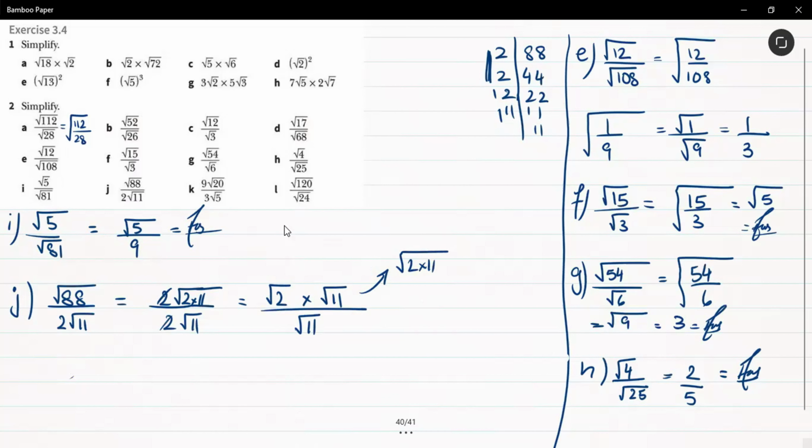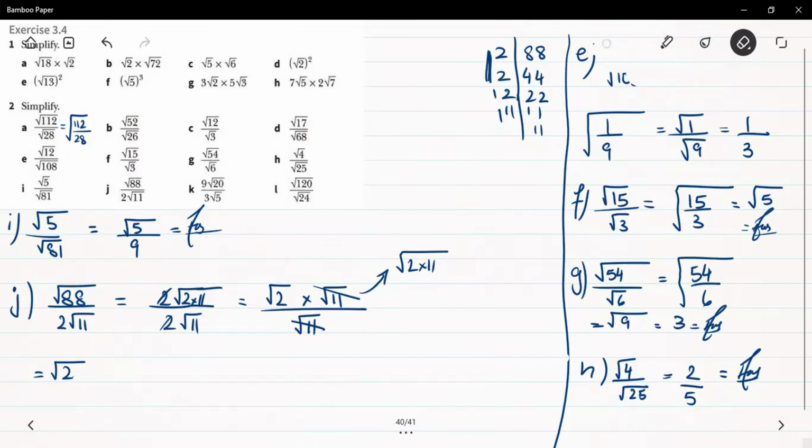These two values are multiplying, so we can just cut them down and we get the answer under root 2. And that's it. Under root 2 is the answer for part J. Easy peasy lemon squeezy.